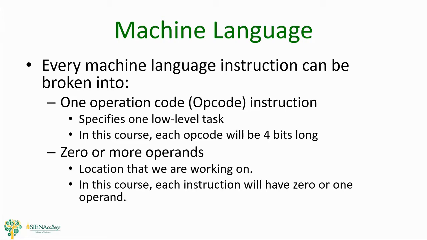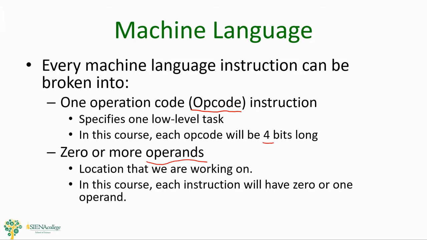Every machine language instruction can be broken down into two parts: an opcode and 0 or more operands. The opcode specifies one low-level task. In our course, each opcode will be 4 bits long.